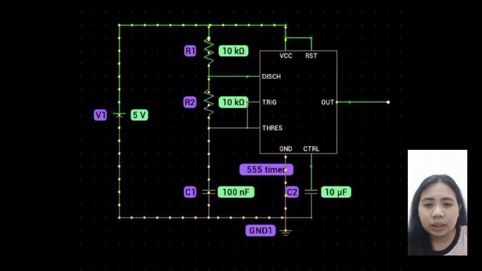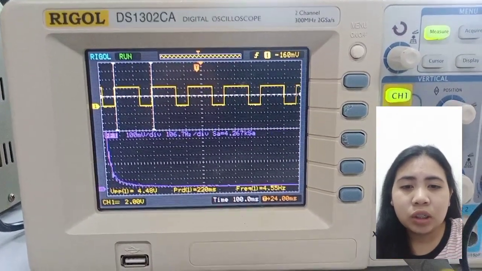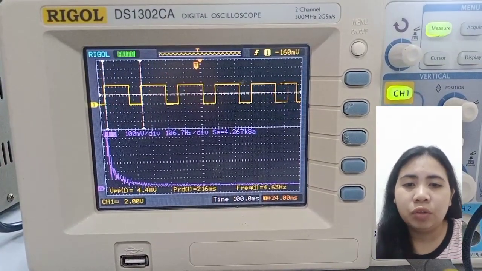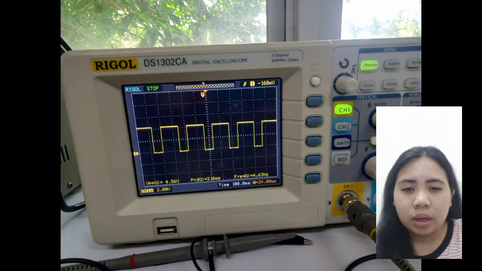I use this circuit for the actual simulation of the bipolar rectangular waveform. Shown is the actual simulation of the bipolar rectangular waveform and its results in actual. That would be all. Thank you.